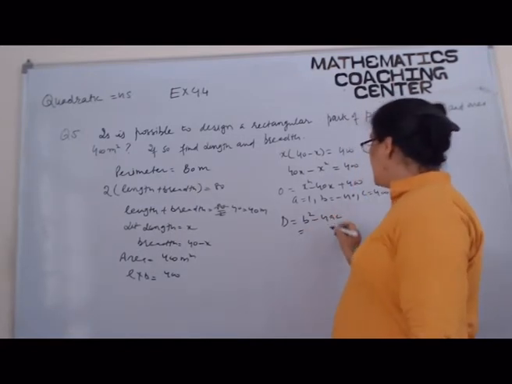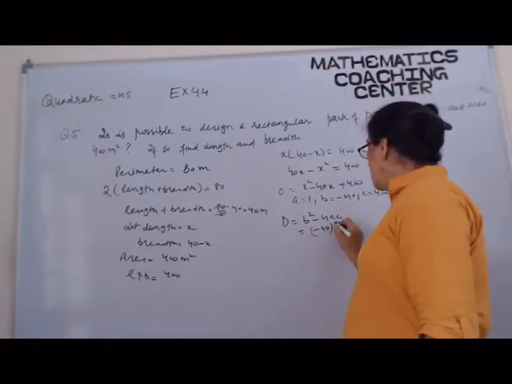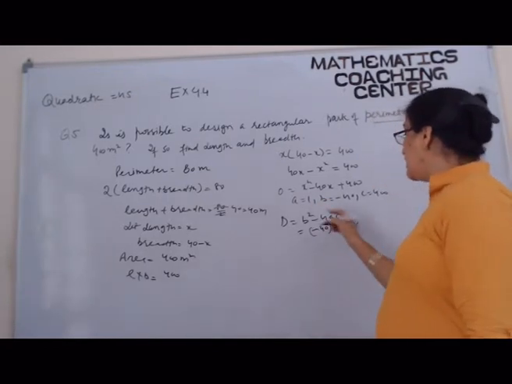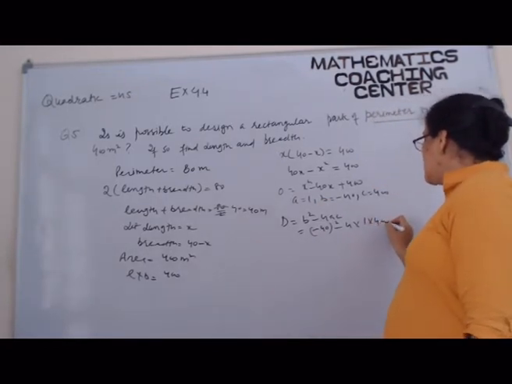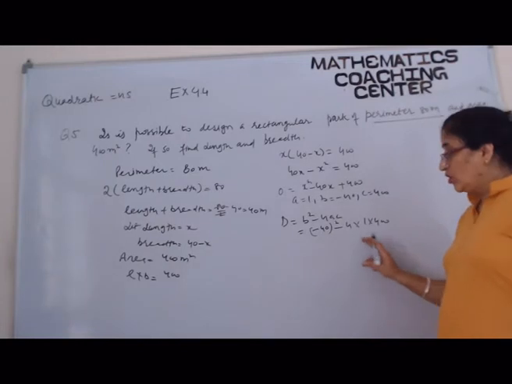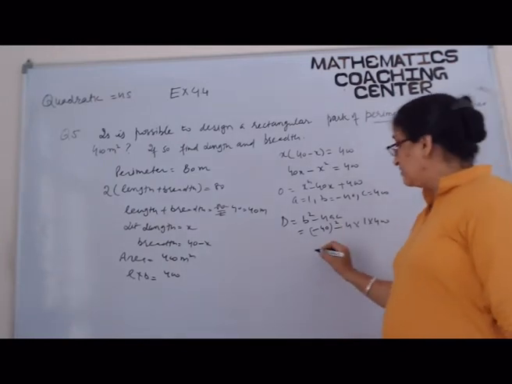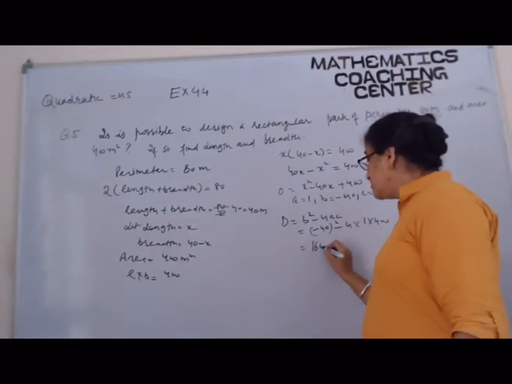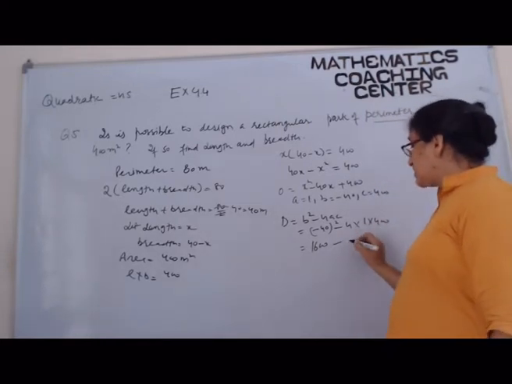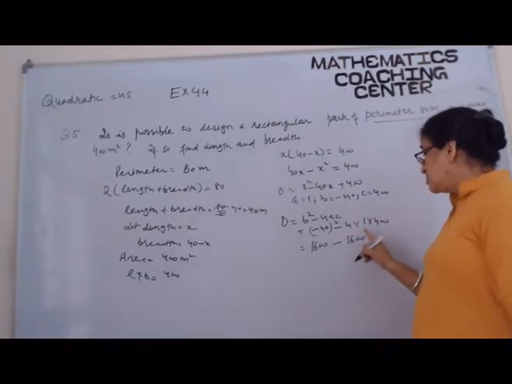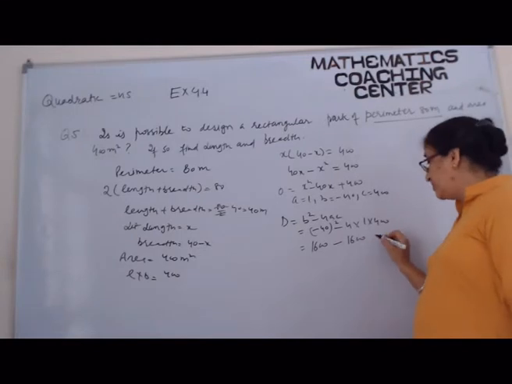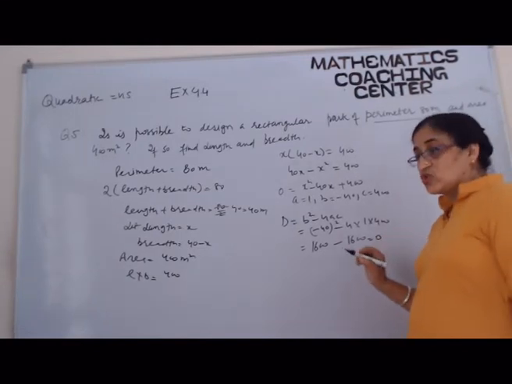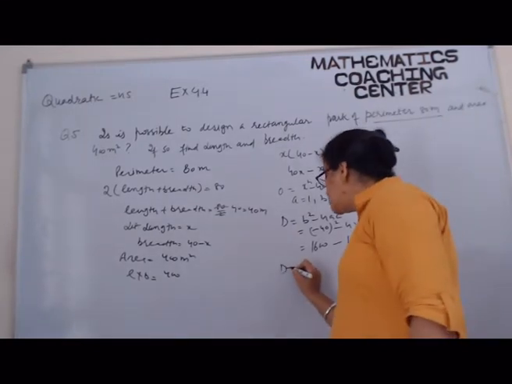b square means minus 40 whole square, minus 4, a means 1 and c is 400. Minus 40 square is equal to 1600. 4 times 400 is 1600. 1600 minus 1600, you get the result 0. So D is equal to 0.